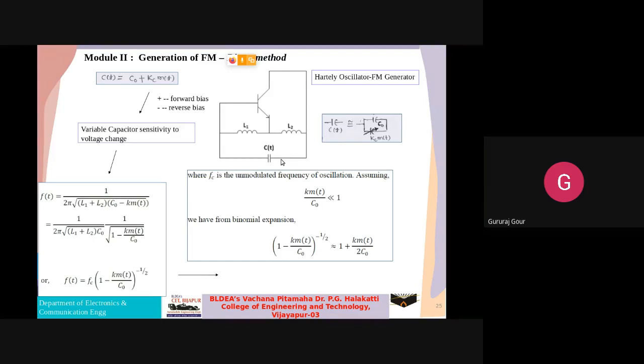That is acting like the distance between the plates, which in turn is related to the variation of the capacitance.